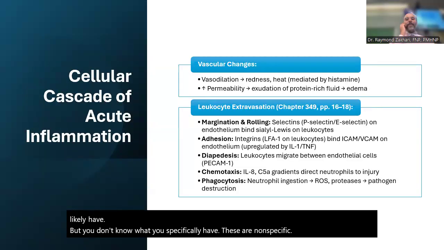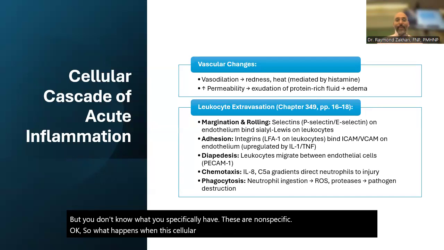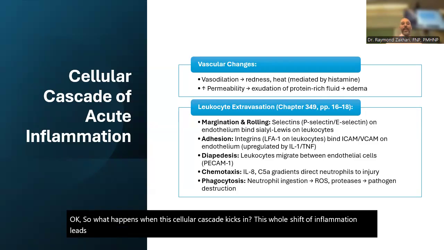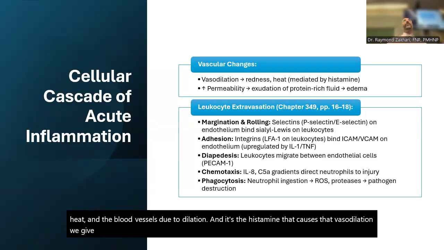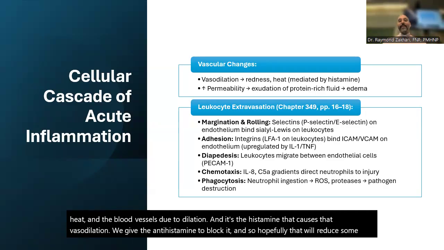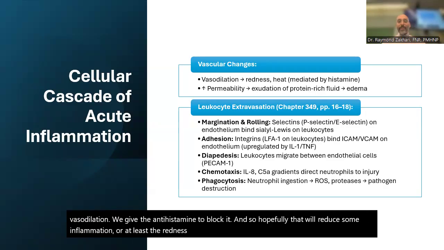Okay, so what happens when the cellular cascade kicks in? Well, this whole shift of inflammation leads to vascular changes. Inflammation begins with something as simple as redness, swelling, heat in the blood vessels due to dilation, and it's the histamine that causes that vasodilation. We give the antihistamine to block it, and so hopefully that will reduce some inflammation, or at least the redness and swelling that's related to it.